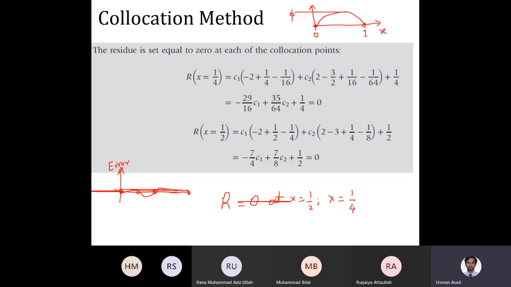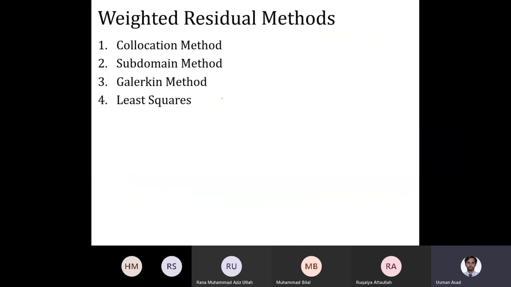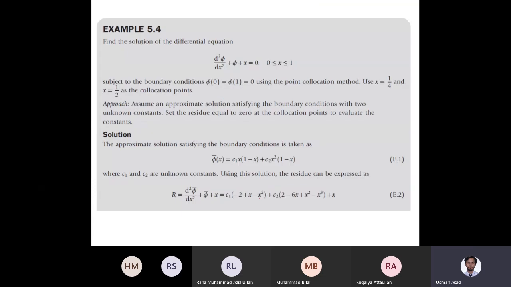This method is called the collocation method: setting the residual equal to 0 at, in this case, because you just have C1 and C2, two functions, 2 points. So first we are using x equal to 1 by 4 equal to 0. That's going to give us one equation in C1 and C2.